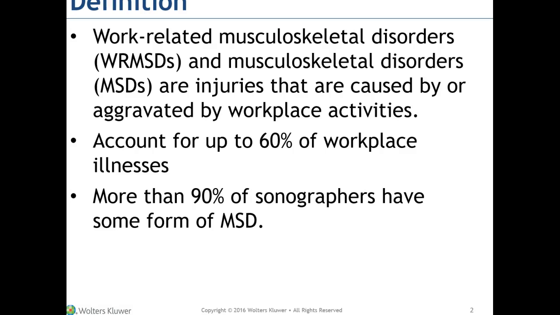And if anybody's familiar with how an ultrasound department runs, if it's a busy department, it's patient after patient after patient. Some of the exams are not as strenuous, but others can be very strenuous and very lengthy. These injuries account for up to 60% of workplace illnesses, and more than 90% of sonographers have some form of MSD.